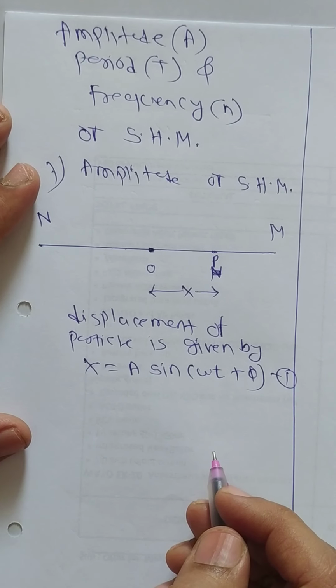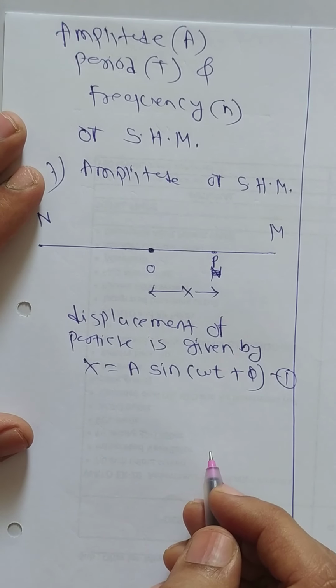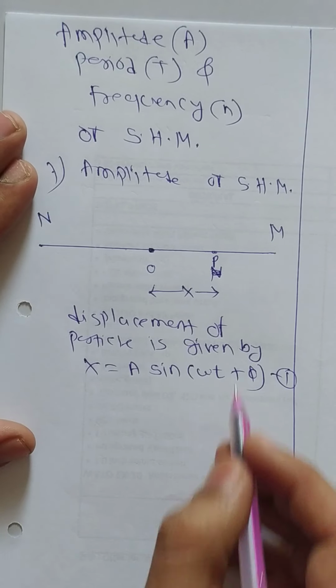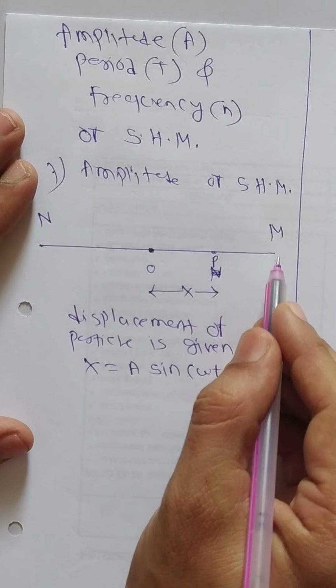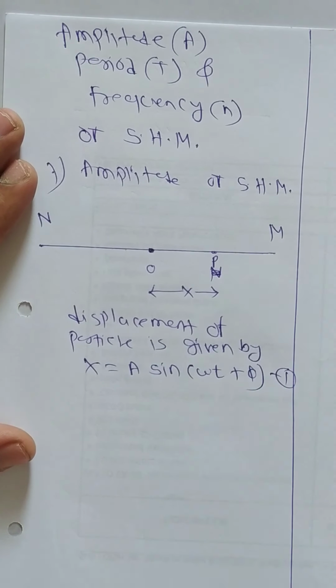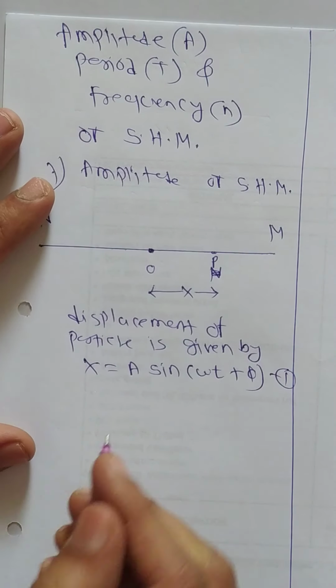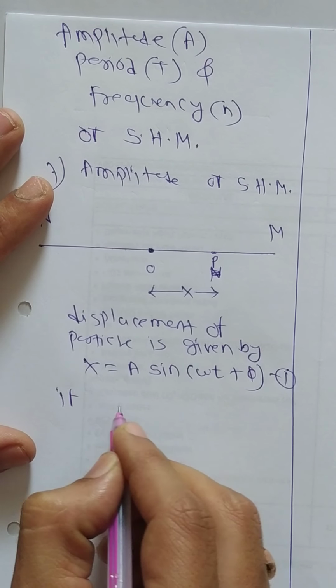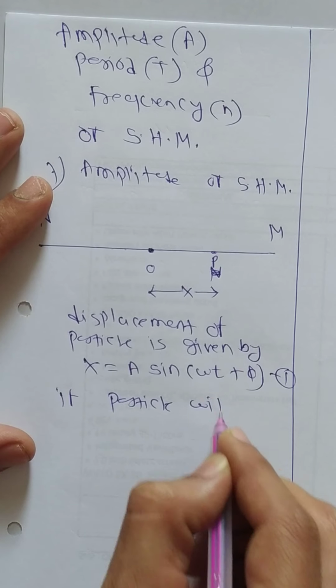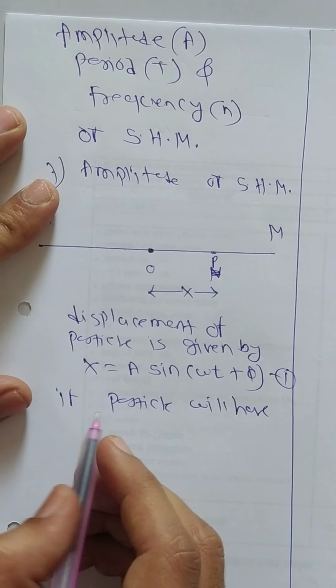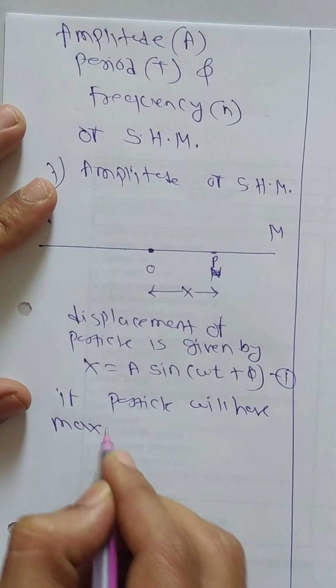Now if the particle is at an extreme position, what does that mean? At the extreme position, the particle has maximum displacement.